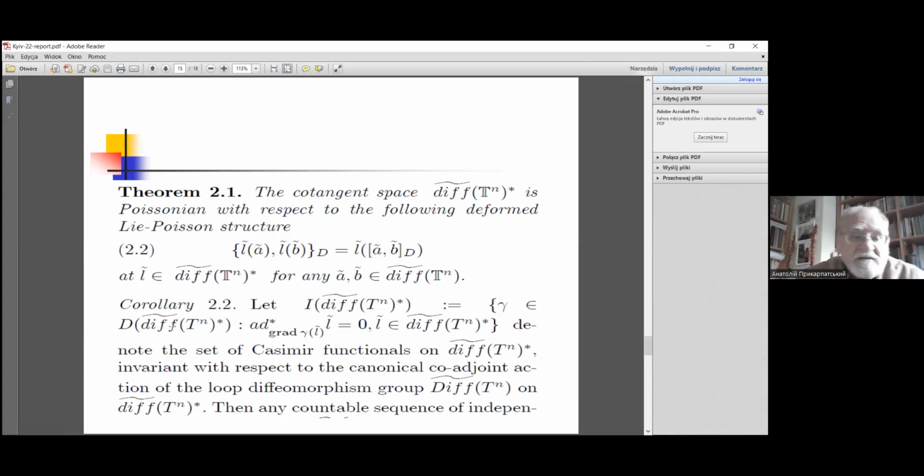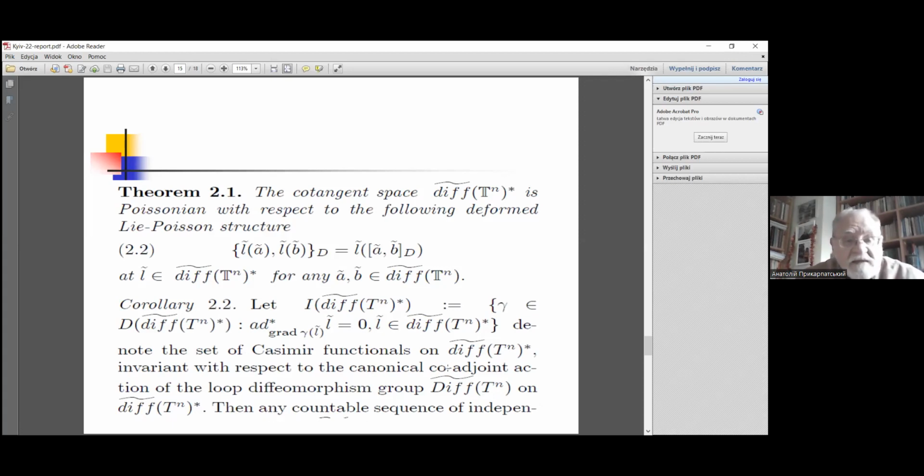defined before. The term loop means that we consider this group as a mapping from the circle S1 to the diffeomorphism group, and this way we construct the loop diffeomorphism group, analytically continued inside and outside of the disk.